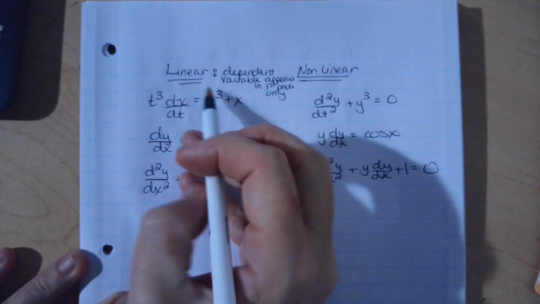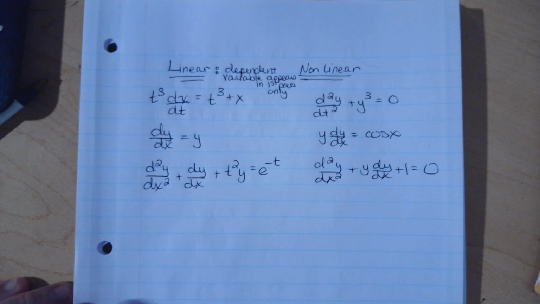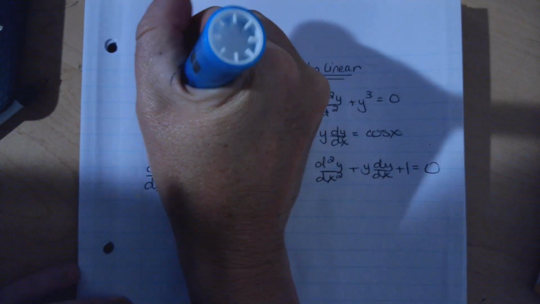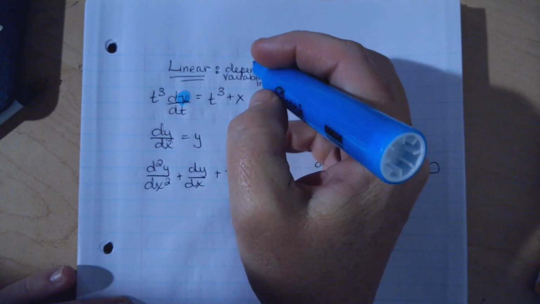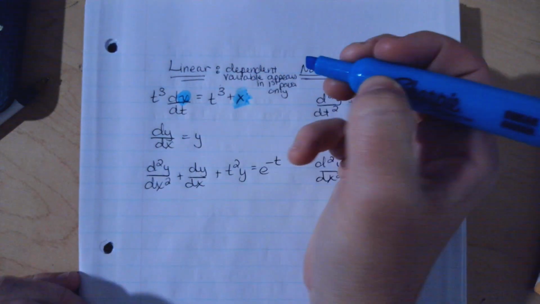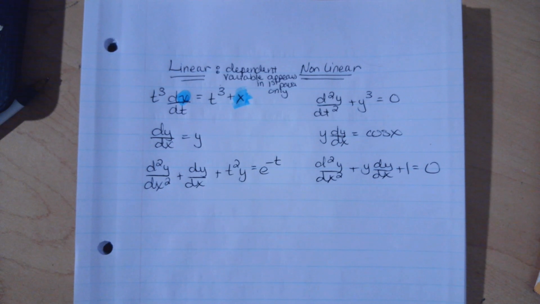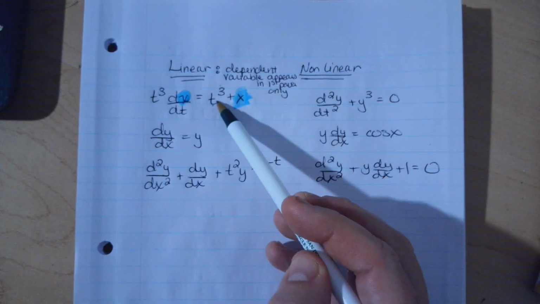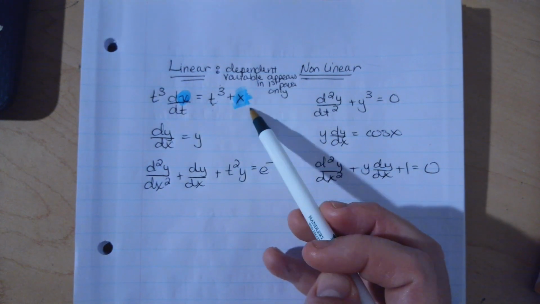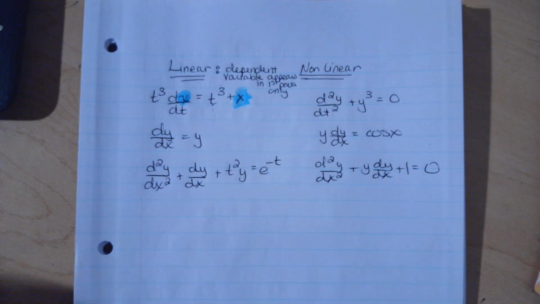So here our dependent variable is our x, right? And this really does appear in the first power only. I don't care about this t. This t can be anybody it wants to be, okay?